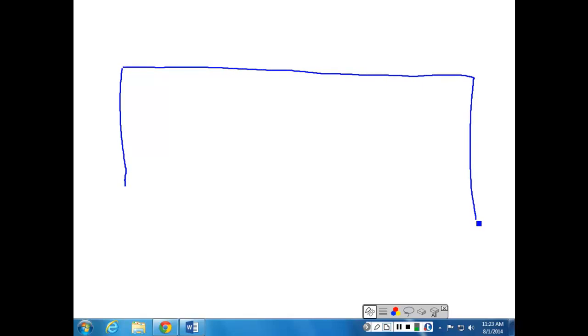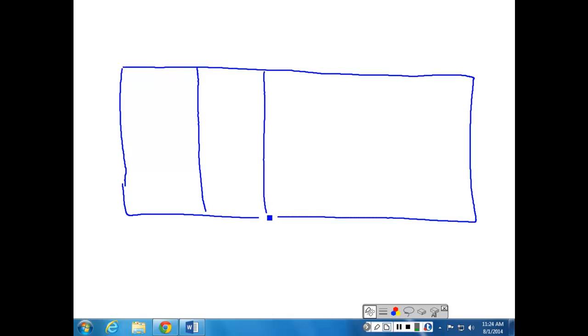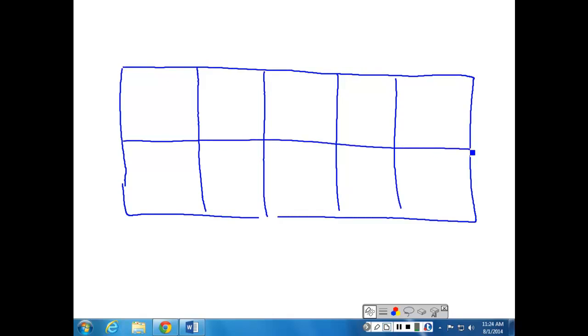It keeps me organized. So I'm just going to put up in the left-hand corner of each one of these the numbers that I observed. So this is just the data.